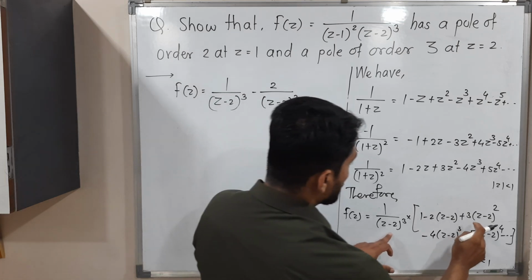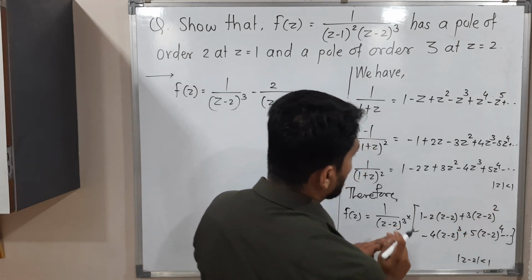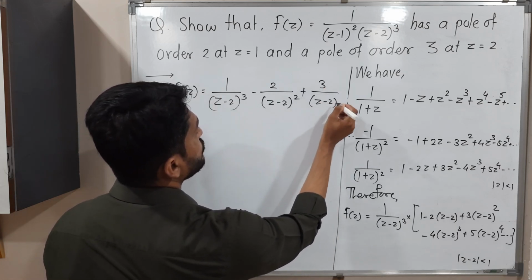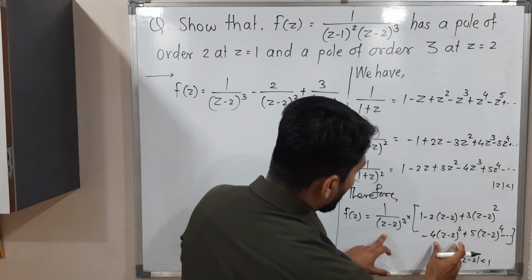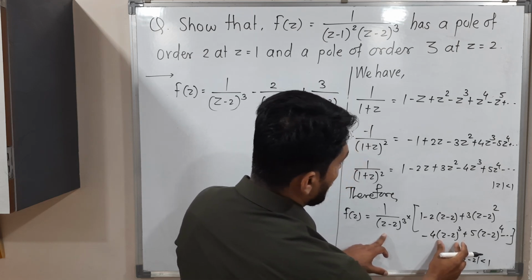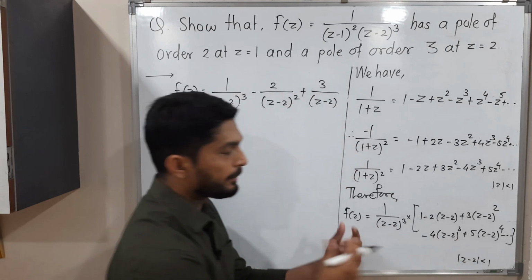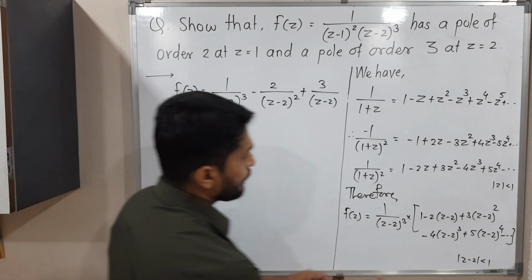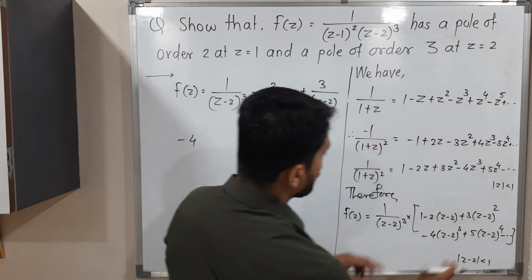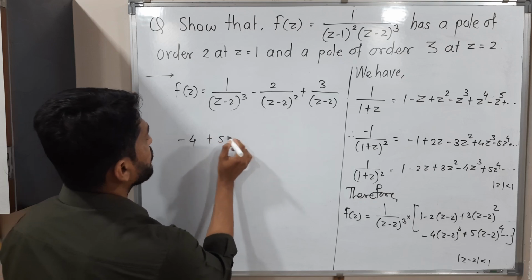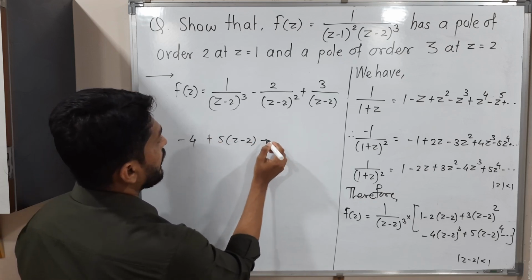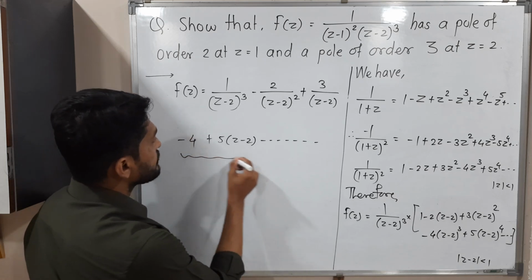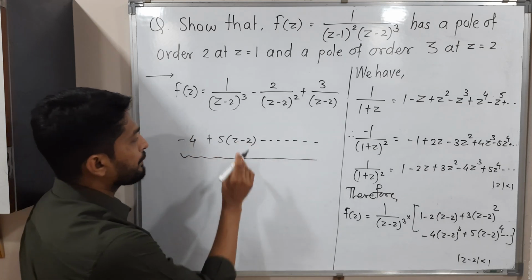If you take product of these two brackets, bracket square will get cancelled and 3 upon z minus 2, am I right? If you take product of these two brackets, here also we have z minus 2 cube, here also, so that bracket cube will get cancelled and you will have simply minus 4. Product of these two terms, bracket cube will get cancelled and you will have 5 z minus 2 and so on.